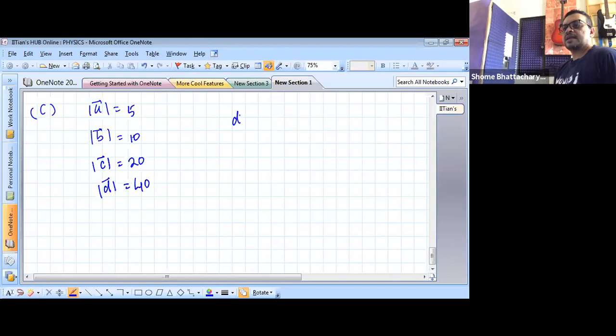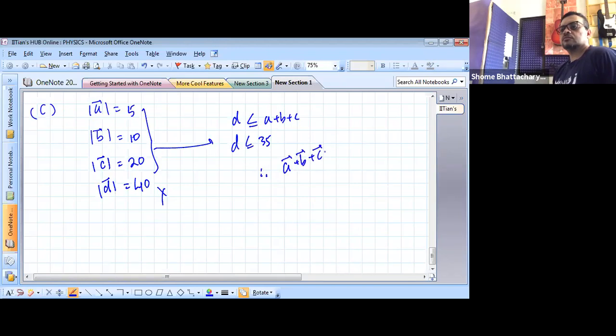So you can see that magnitude of D should be less than or equal to magnitude of A plus B plus C. So from this, magnitude of D should have been less than or equal to 35. So therefore this is not possible. Therefore the resultant cannot be 0. Same logic.